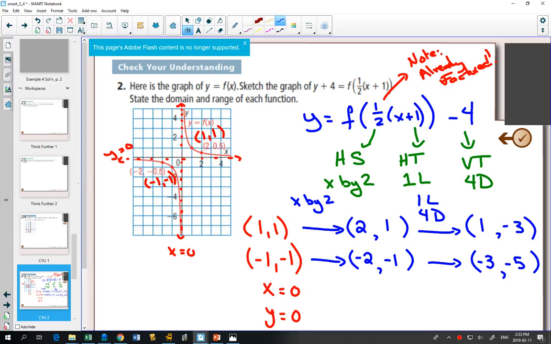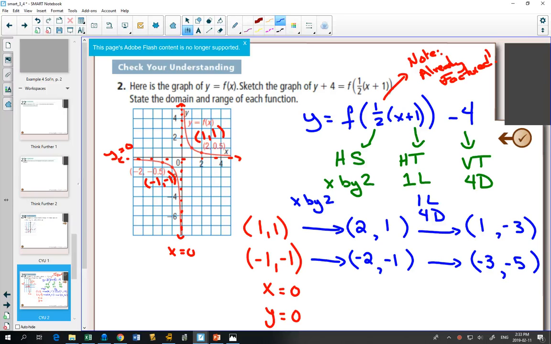And finally, we're going to think about what happens to our asymptotes, because they're a key thing in this graph. What will their final equation be? Well, you'll find with asymptotes, because they start at 0, is multiplying the x or the y by anything ever going to affect something at 0? No. So the only thing that's going to affect your asymptotes at x equals 0 and y equals 0 is whether you move them left or right or up or down.